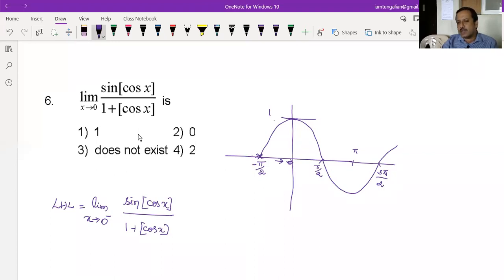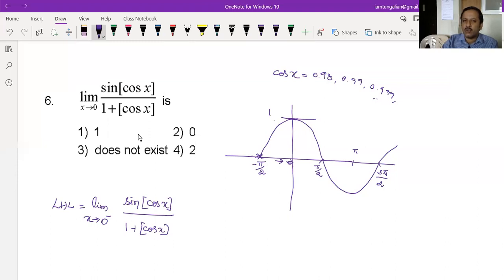So when x is very close to 0, the value of cos x could be something like 0.98, 0.99, 0.9999, etc. At x equal to 0, cos 0 is 1. But just before that, the value of cos x is very close to 1, but less than 1.